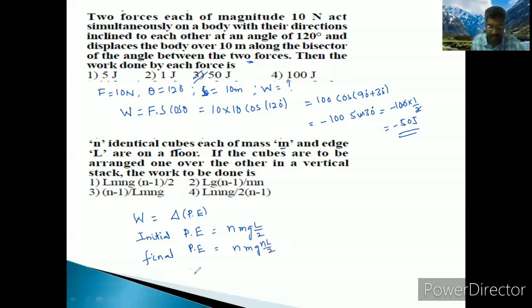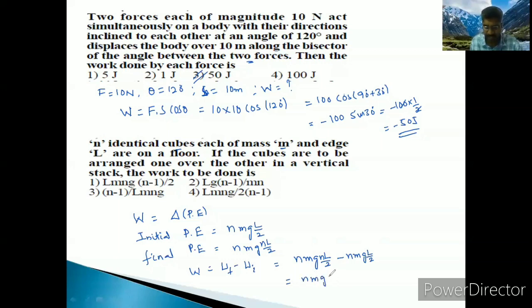Now work done is equal to the final potential energy minus the initial potential energy. What is the final? N m g N L by 2 minus N m g L by 2. What is common here?